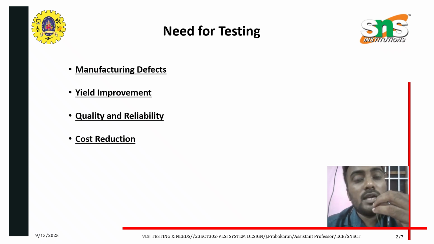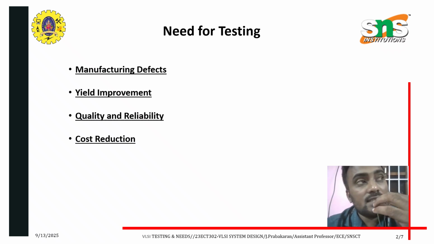We can find all those defects, like manufacturing defects, such as stuck-at open and stuck-at short fault, stuck-at zero fault and stuck-at one fault, which are identified by using the testing process, which improves the yield rate, which means the percentage of good chips.